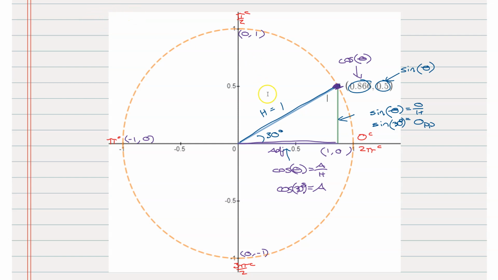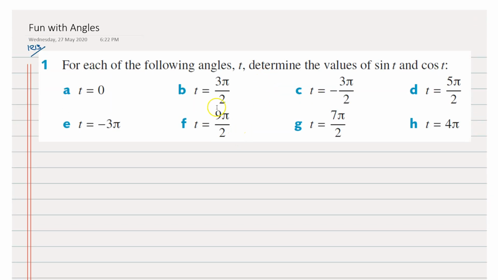So going back up, when we're looking at determining the values of sine and cosine, it wants you to draw a diagram of the unit circle. It's a terrible circle, but it will have to do. And it wants us to draw the location, or what that line would look like.